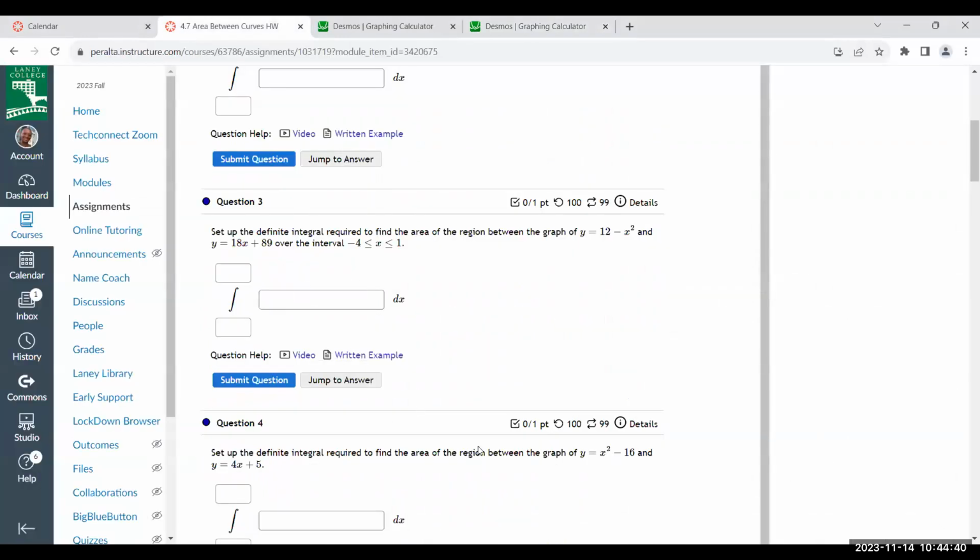And this time, notice, they actually give us an interval. So it says over the interval -4 to 1.